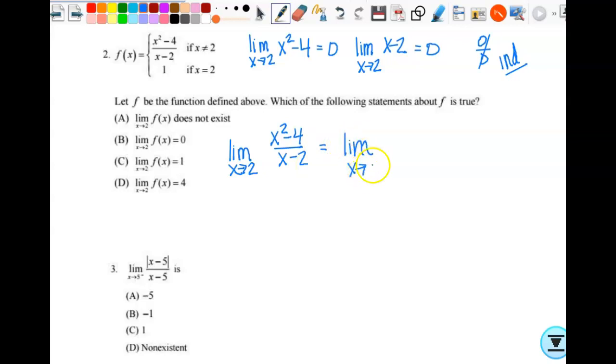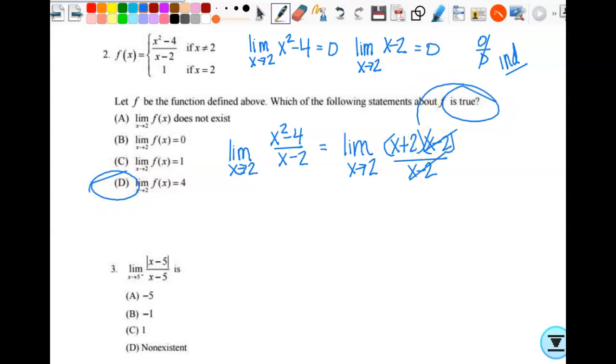It's a difference of squares. We love them. They're so easy. x plus 2 times x minus 2 over x minus 2. So I really just want the limit of x plus 2 as x approaches 2. And what is that? 4. And it said true, not false, so I'm good. Always double check those things. Okay.